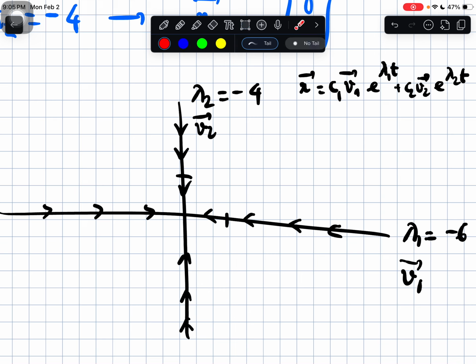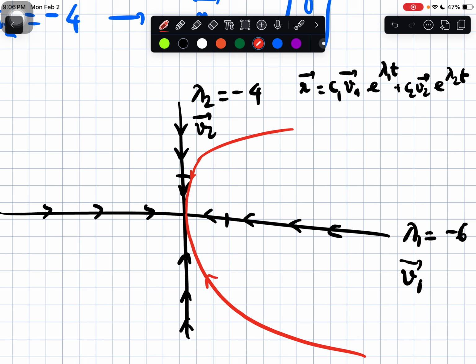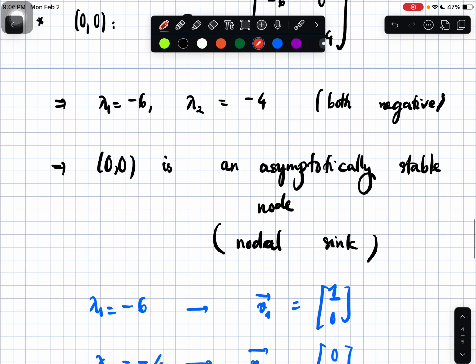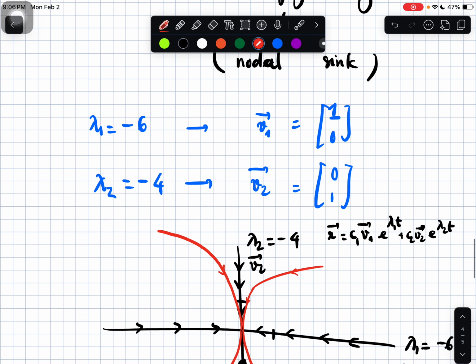When t tends to infinity, this one decays faster, so the other one dominates. It's going to look like this. So here's a picture.